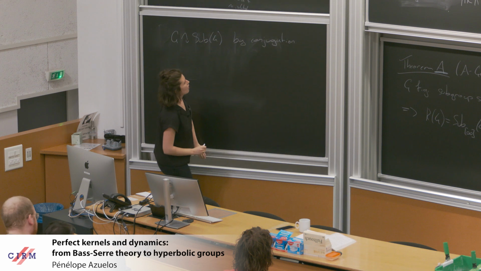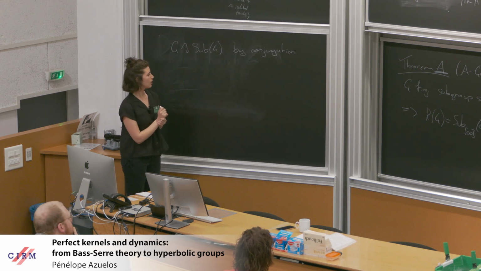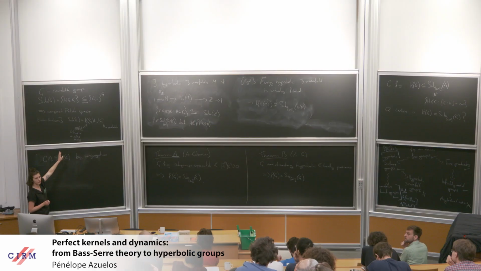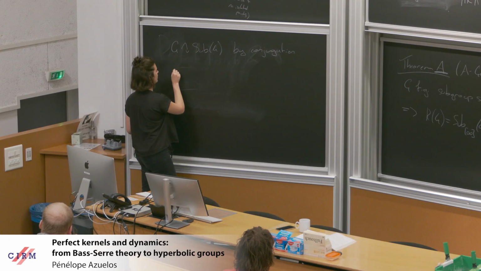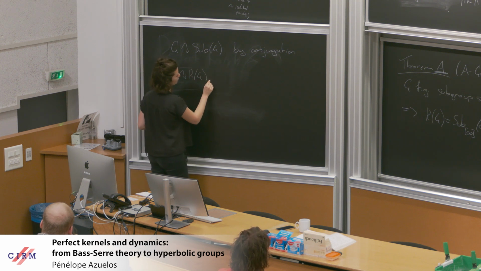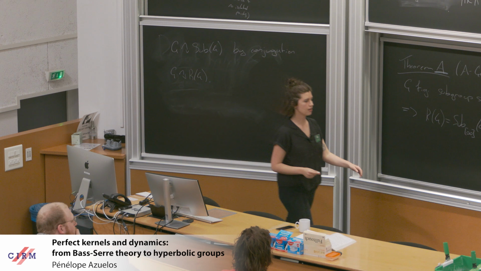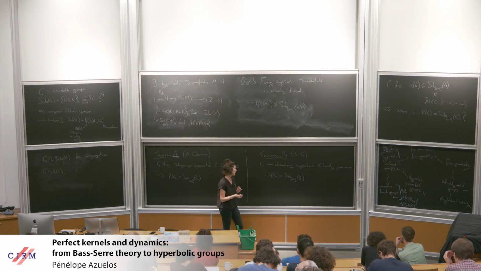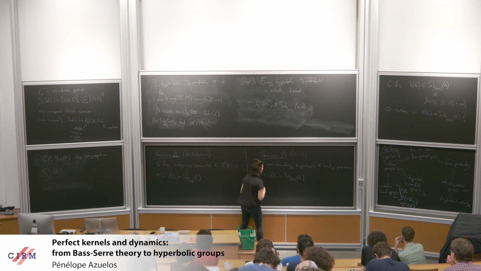Okay. And not only is it continuous, but actually there's a decomposition here into the perfect kernel and the countable subset, which is G-invariant. So G doesn't only act on its subgroup space, it acts on its perfect kernel. And it turns out that over here, if we add the condition that G doesn't contain any non-trivial finite normal subgroups, then the action is topologically transitive.